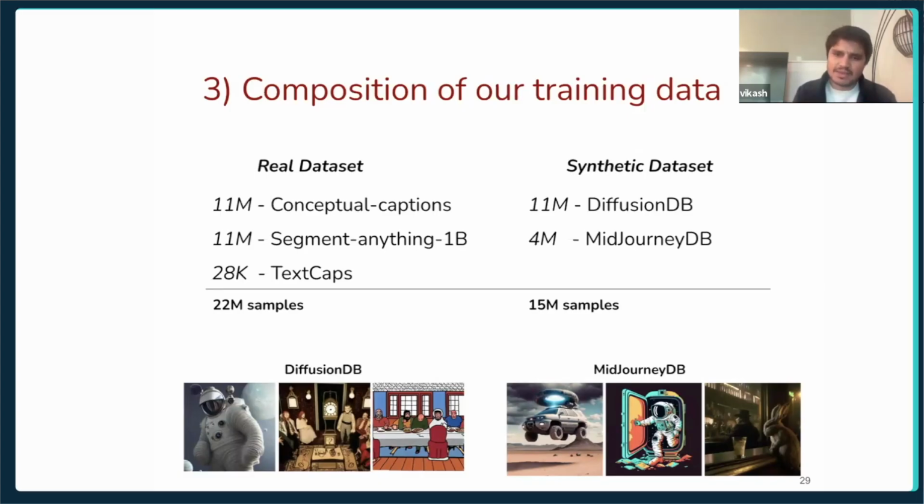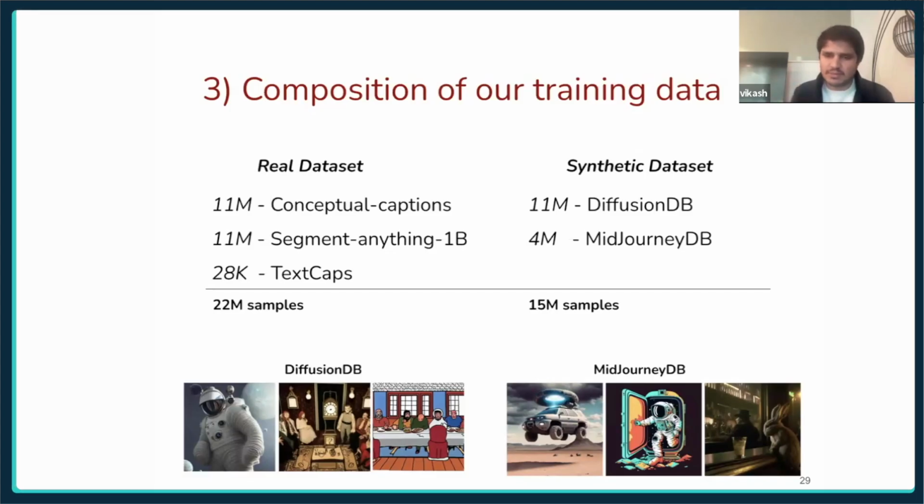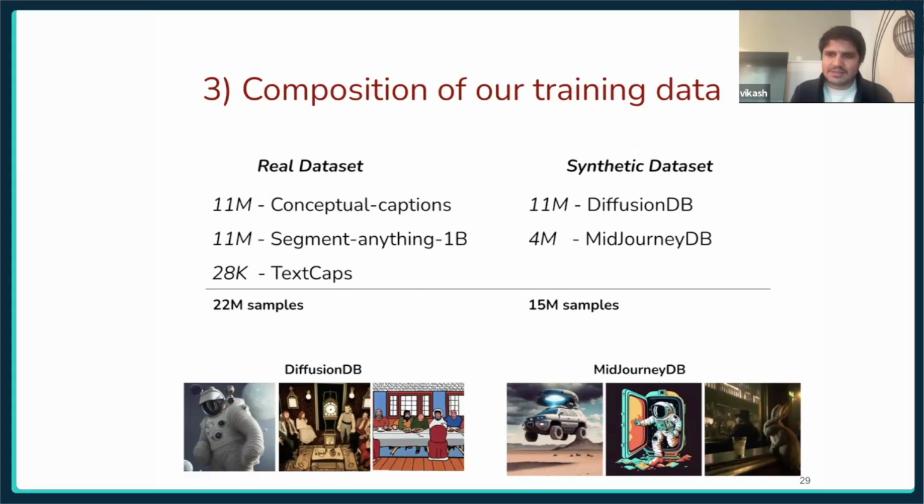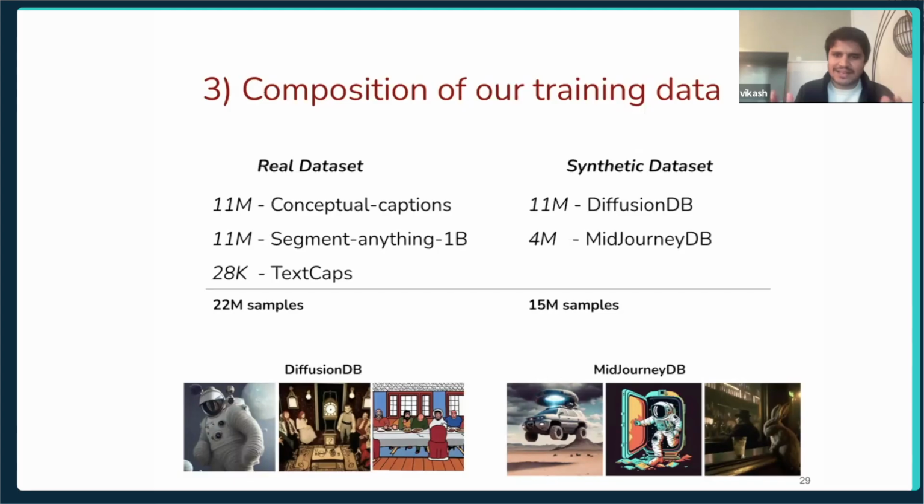Now a design choice we made was that we also supply the model a lot of synthetic images from previous models. Here we are considering 11 million images from diffusion models like Stable Diffusion 1 to XL, and then we use 4 million images from Midjourney. Using these synthetic images makes this whole pipeline also a bit of a distillation of large scale models.